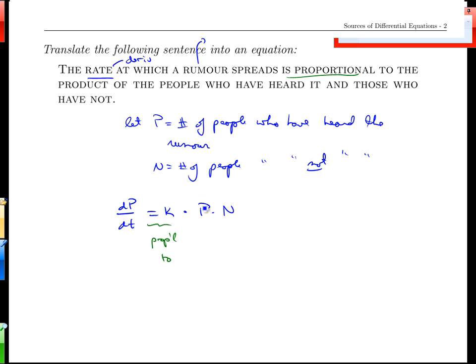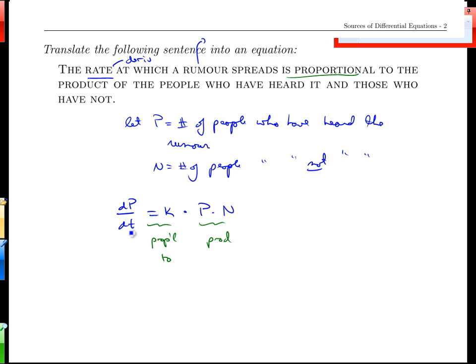Well, most people who have heard the rumor are talking to each other and sharing the gossip, and nothing's new there. So the fewer people that there are who are still uneducated in this matter, the lower the rate is going to be, the rate of spreading. And that's pretty much it. At least for a first naive implementation or formalization of this differential equation.